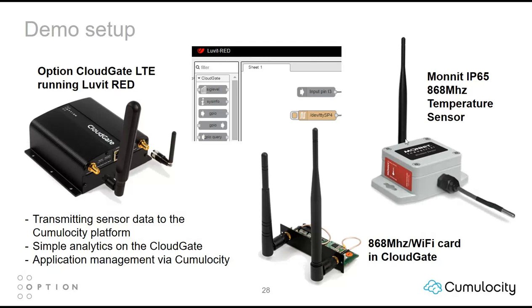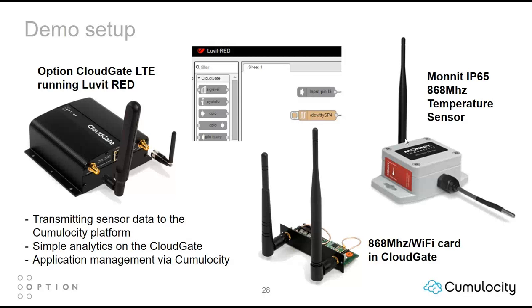I'm going to limit this to really the temperature aspect of this. However, LuvitRED is perfectly capable of covering both the BACnet and Modbus sensing, or Modbus and BACnet data collection, and in fact more.